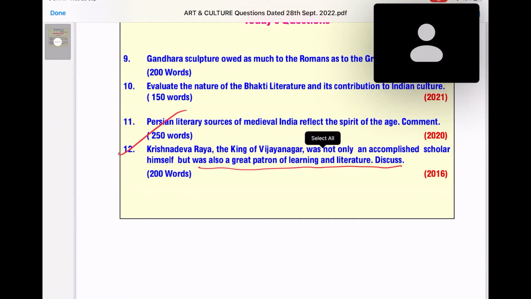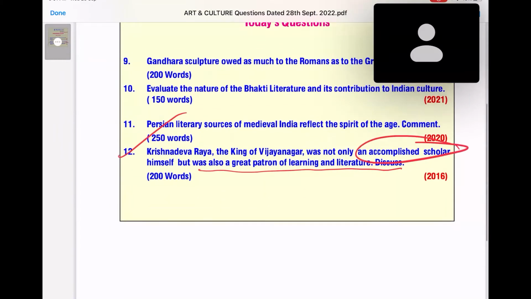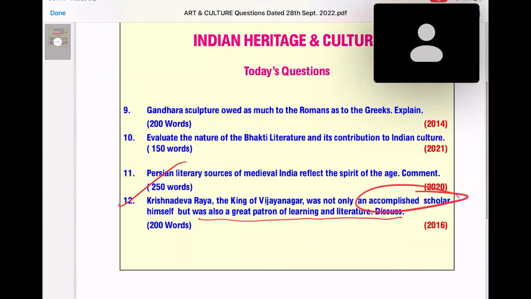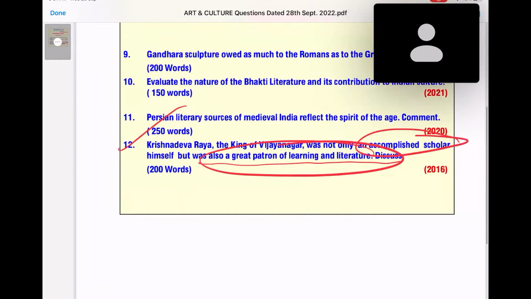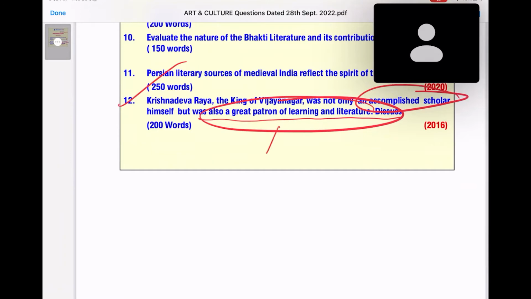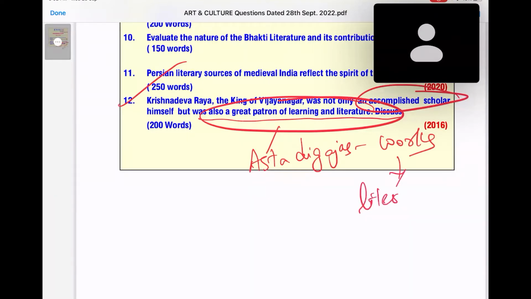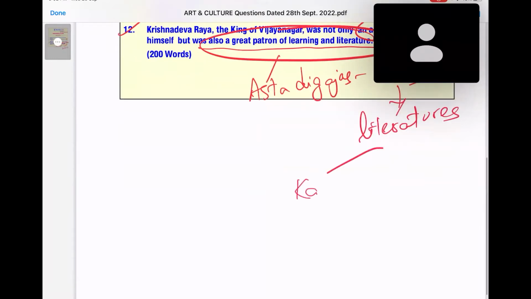So basically here you have to establish the fact that he is an accomplished scholar, speak about his works, and then come to the second part of the question, how he is a great patron of learning and literature. So you have to mention the court poets, that is Ashtadiggajas, and some of their works, and how they have impacted literatures of some of the classical languages like Kannada and Telugu.